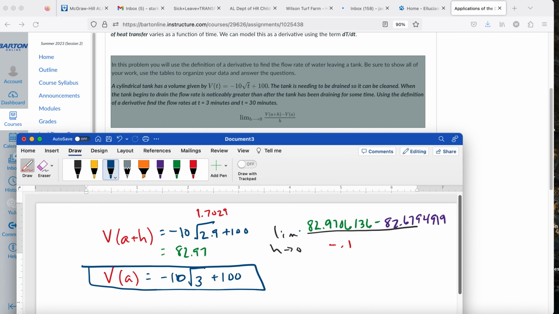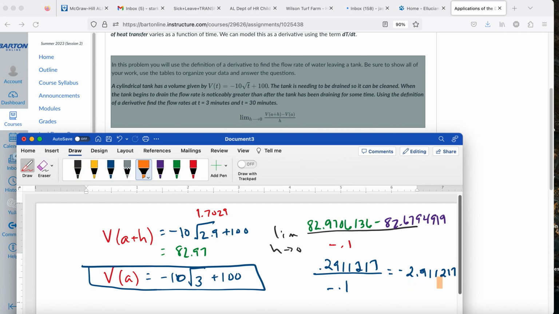The value I get when I subtract those two things is 0.2911217, and I'm going to divide that by negative 0.1. When I do that, I get negative 2.911217.